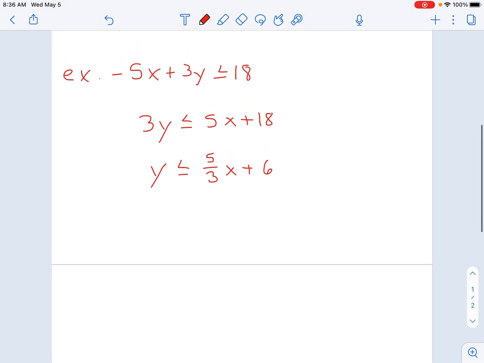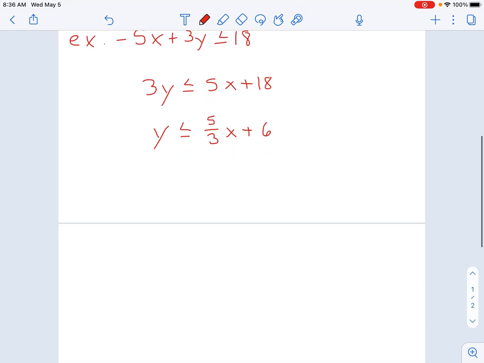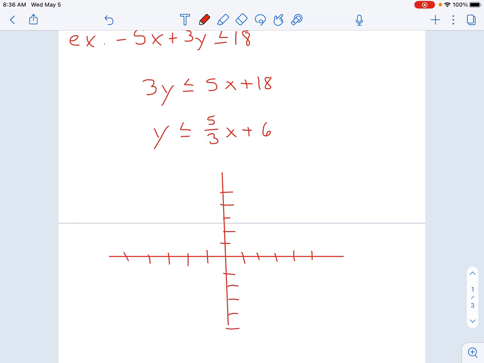So now it is my inequality. I'm going to graph this thing. So I'll treat it as an equation. So I'll make my graph, put 5 tick marks in every direction. I have a y-intercept of -6 and a slope of 5/3.